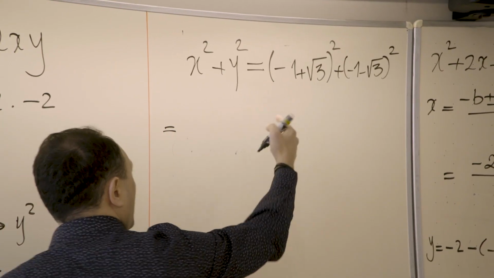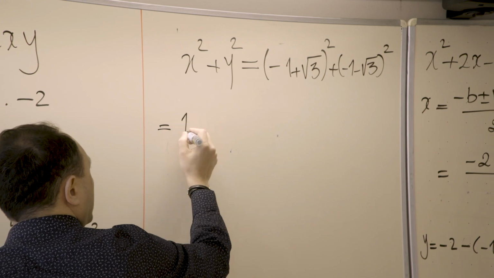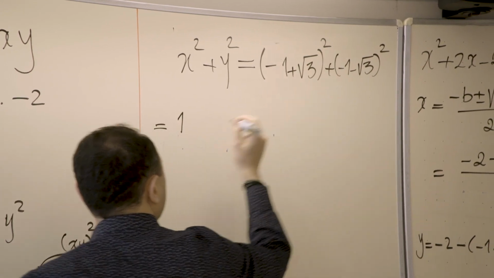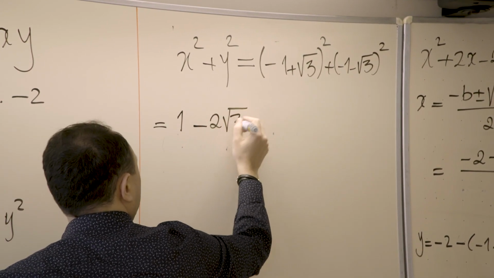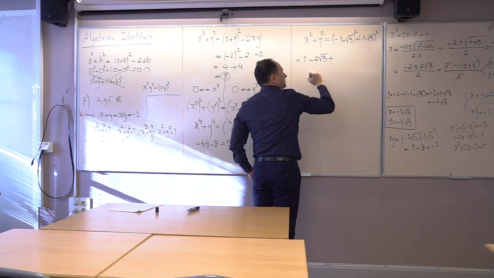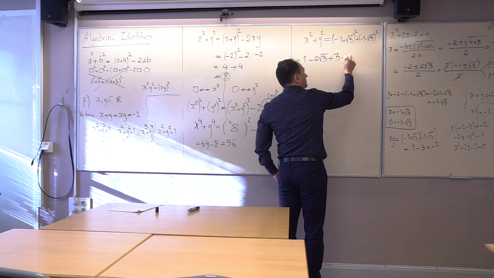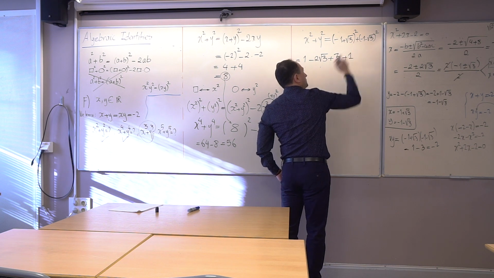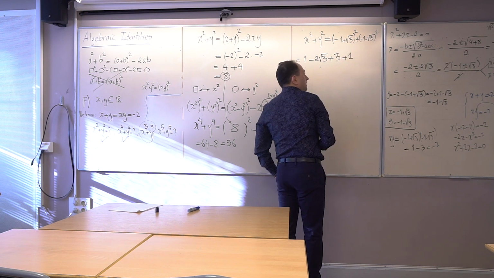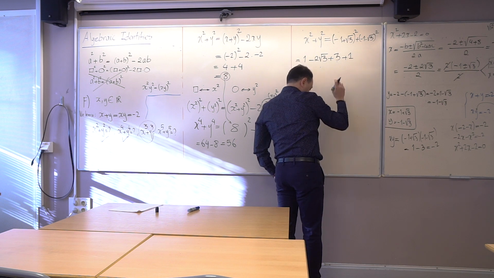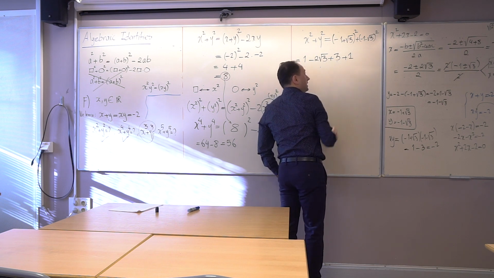So let us do it in our head. The first one to the power of 2 is 1. Yes? 2 times the first one times the second one. The second one to the power of 2 is 3. Yes? Here, the first one to the power of 2. 2 times the first one times the second one. What's that? 2 squared. Positive, negative.